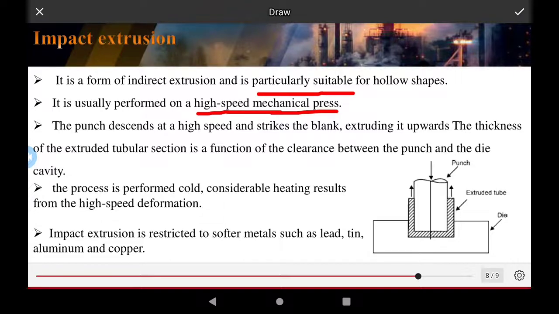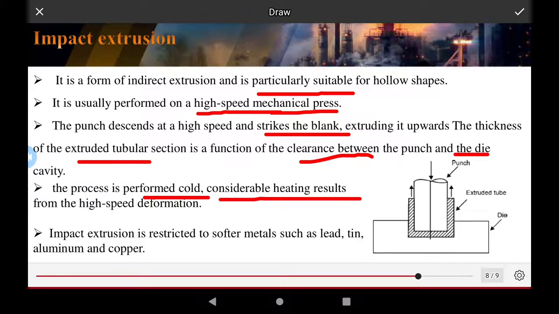It is described as high speed blank extruding, where the wall thickness of the extruded section is a function of the clearance between the punch and the die cavity. The process is preferred for cold extrusion, as considerable heating results from the high speed deformation. Impact extrusion is restricted to softer metals such as lead, aluminum, or copper.